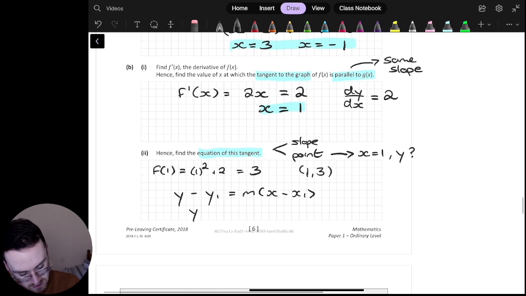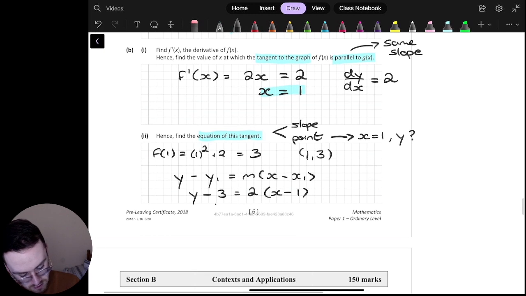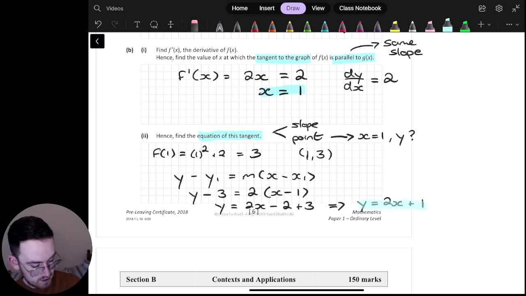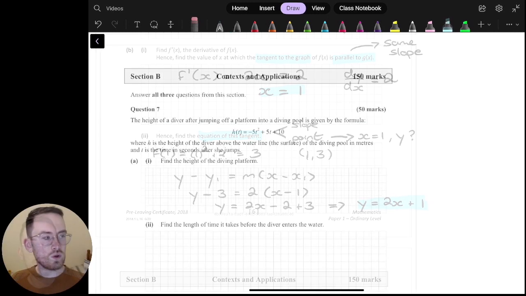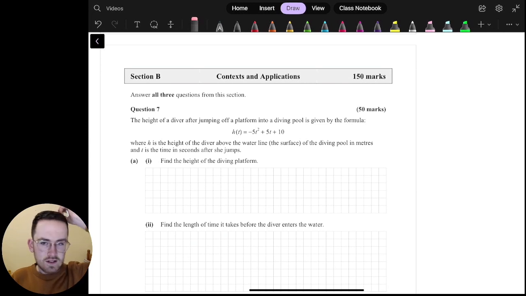And I sub in my different values. Sub in 3, my slope is 2, this value here being 1. y is equal to 2x minus 2 plus 3. So y is equal to 2x plus 1. That's our answer there.